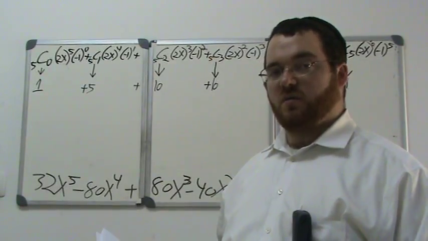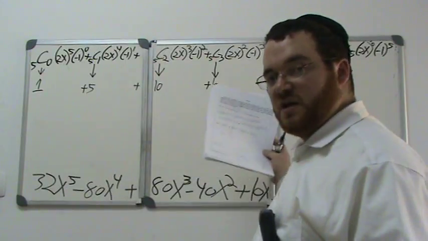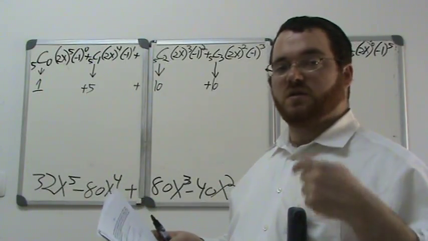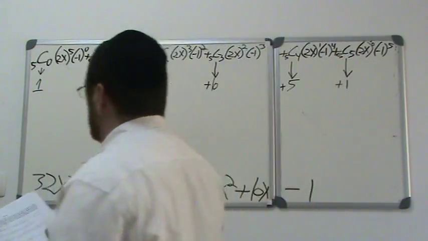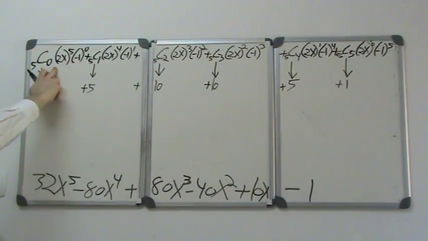Every single time the first power is going to go down each plus, and the second variable is going to go up a power. For example, first you do 5 combination 0, which we know is 1, plus 5 combination 0 times 2x to the fifth power times negative 1 to the 0 power.